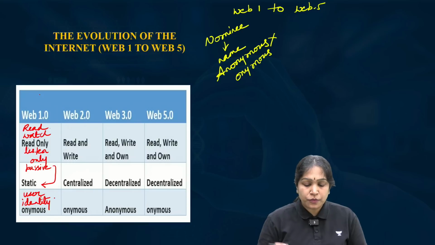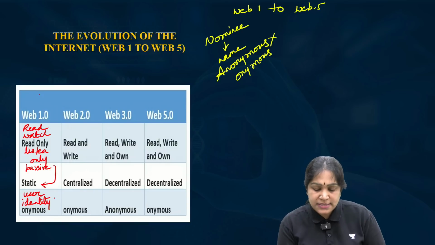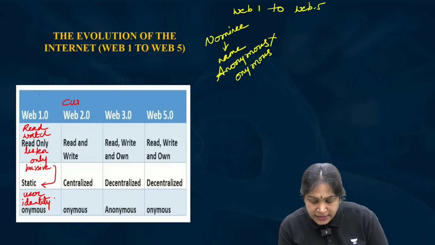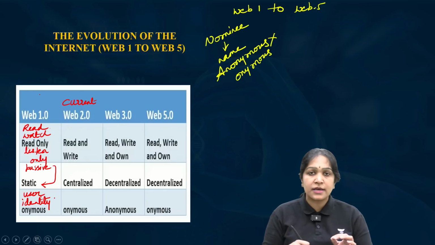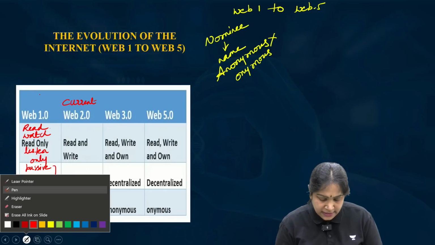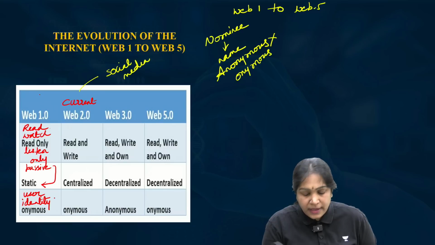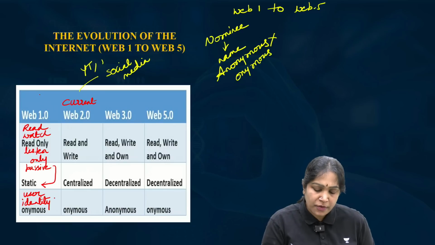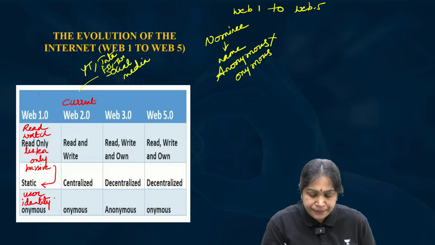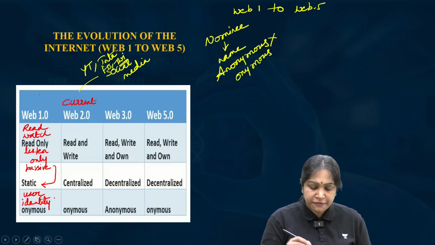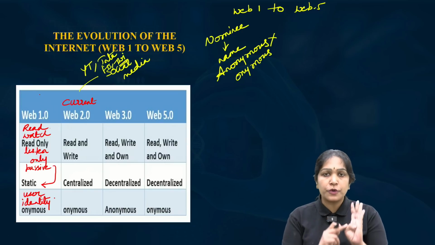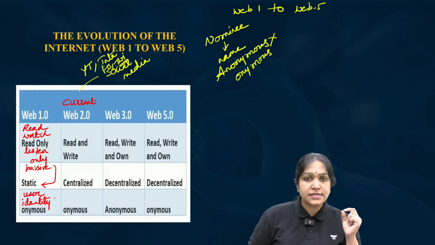Now coming to Web 2. What is Web 2? This is the current internet that we are using. Social media. Examples: YouTube, Instagram, Facebook, Twitter. These are all under Web 2.